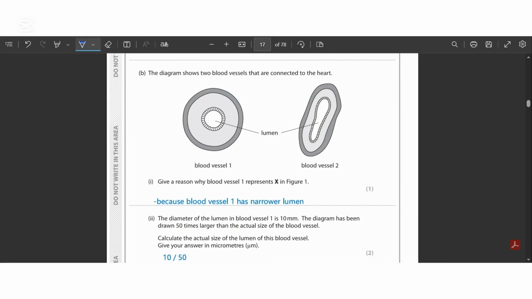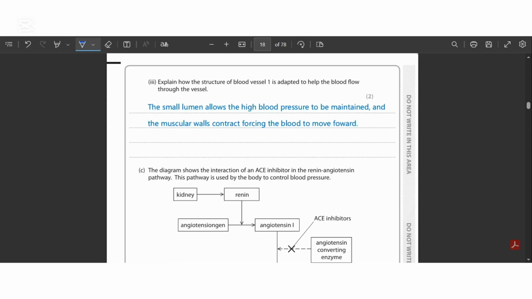All right. Since we know about its mechanism for forcing the blood forward and making the blood flow at the constant pressure that is required for the body, let's answer this question. Here I have answered that the small lumen allows the high blood pressure to be maintained and the muscular walls contract, forcing the blood to move.